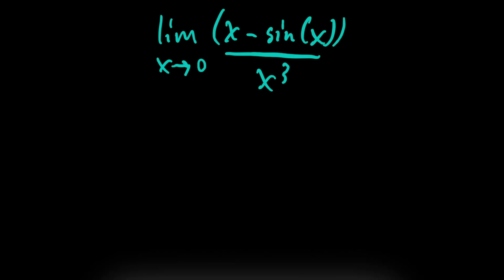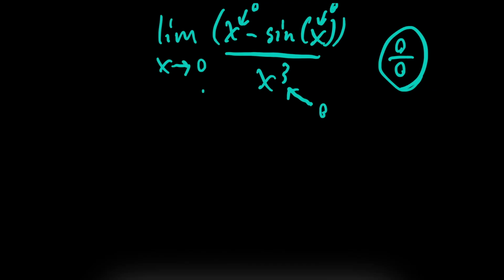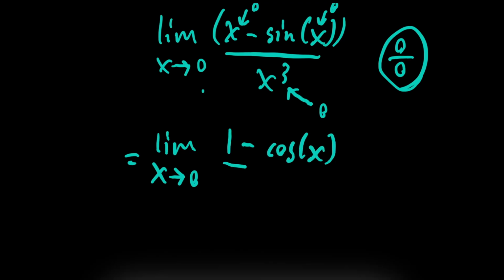Let's say we have the limit as x approaches 0 of x minus sine x over x cubed. If we were to plug in 0, we would get 0 here, sine of 0 is 0, and 0 here, so our 0 over 0 gives us permission to use L'Hopital's rule. This is also equal to the limit as x approaches 0 of 1 minus cosine of x over 3x squared.